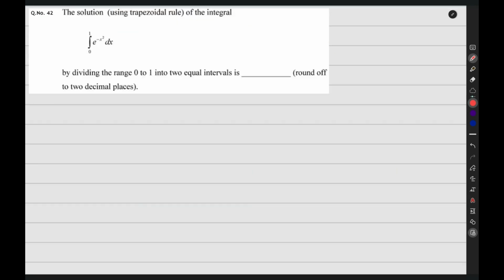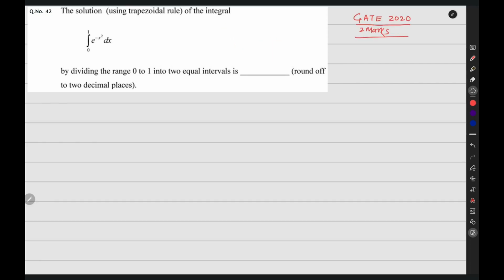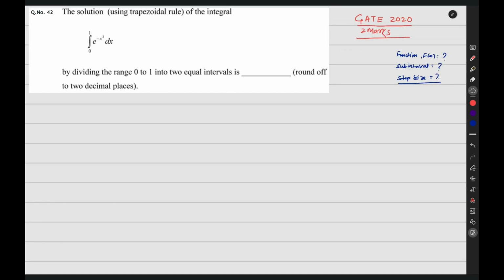This is a question from GATE 2020 for 2 marks. Like the previous cases, again we are going to proceed by writing three things. The solution using the trapezoidal rule of the integral, this one, by dividing the range 0 to 1 into two equal parts. Now writing the function: f(x) equals e to the power minus x squared.